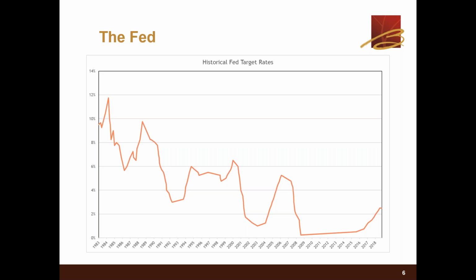It is above where the rates fell to in response to the tech bubble bursting in 2000, 2001, and 2003. So that's just a bit of historical background that points out how remarkable and not normal the period is that we're in right now.